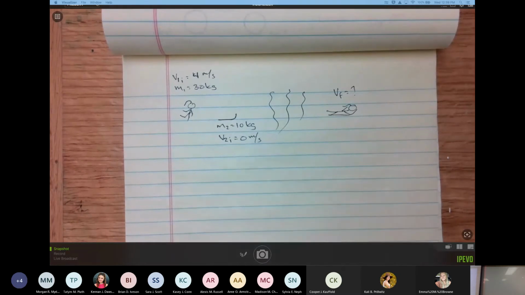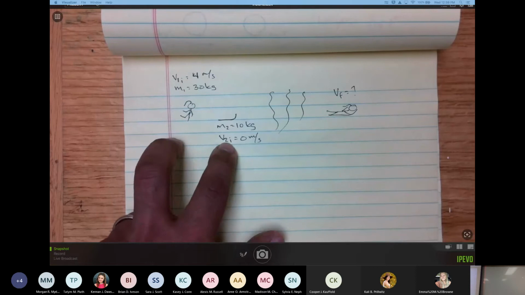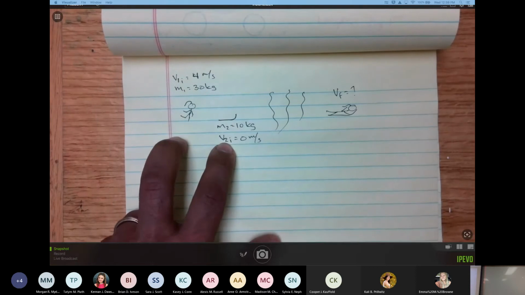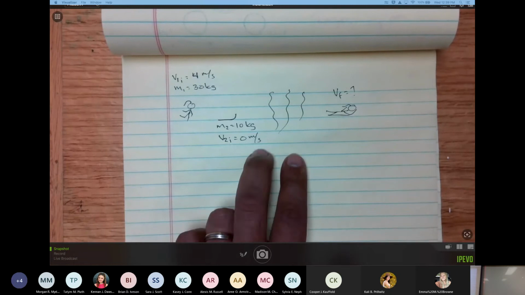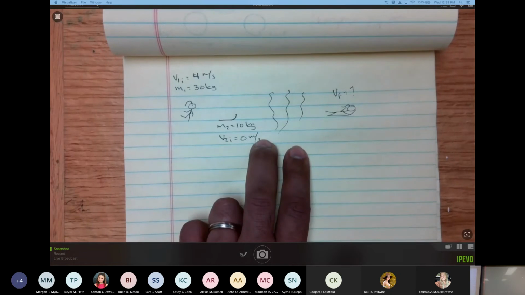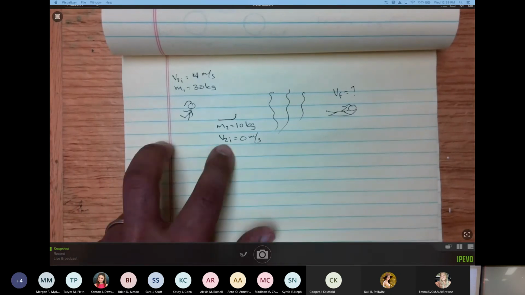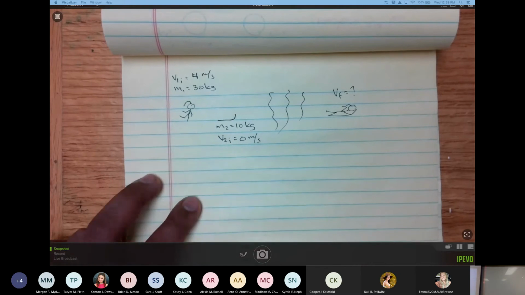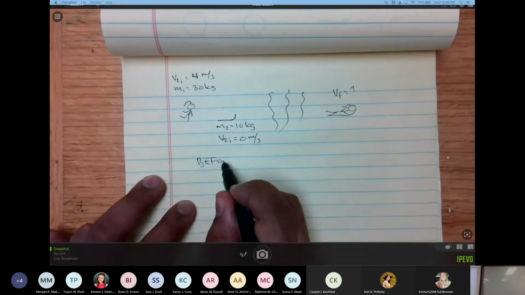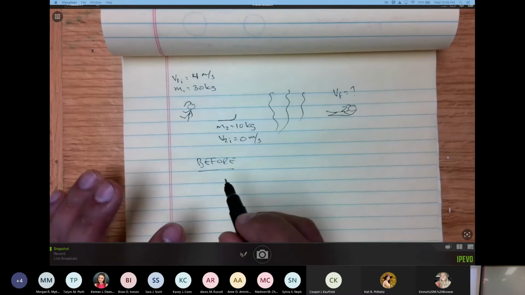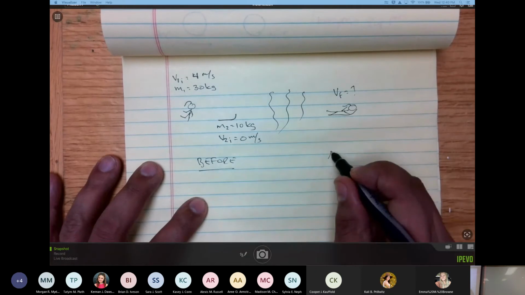I don't know, and I don't care. The only thing that I care about is what the initial conditions and the final conditions are. It doesn't matter what happens here. Whatever momentum I have here in the before, it has to be the same momentum in the after.